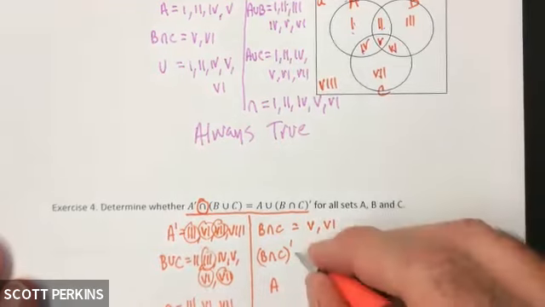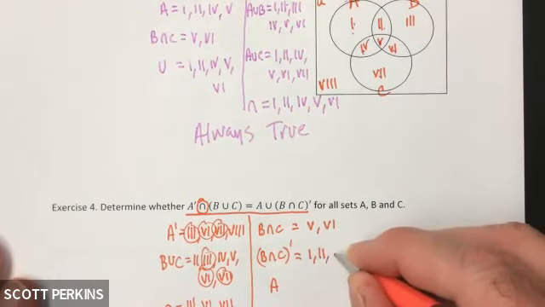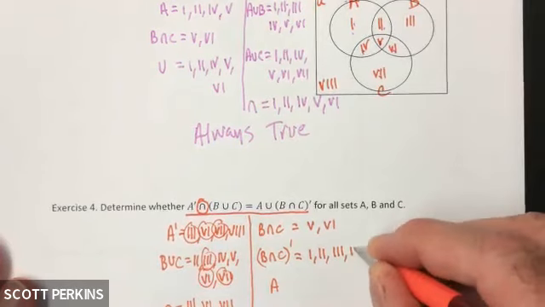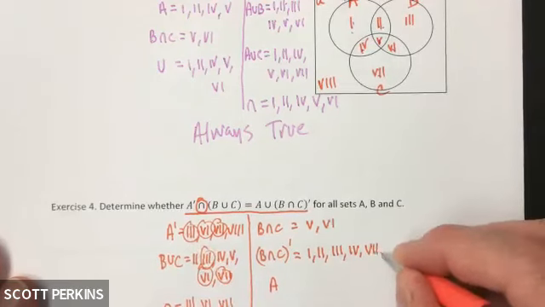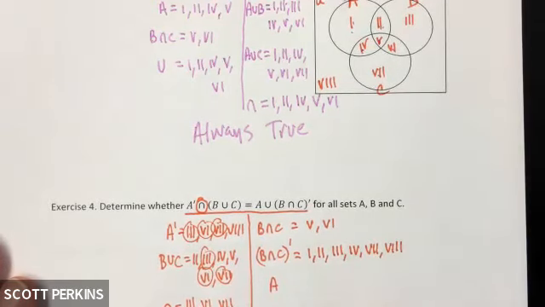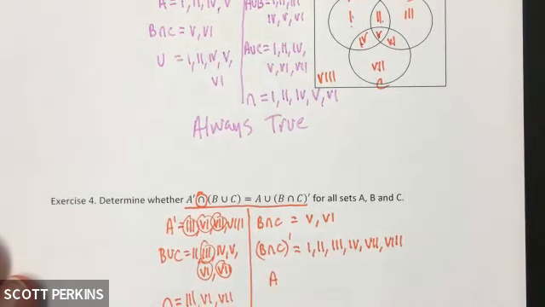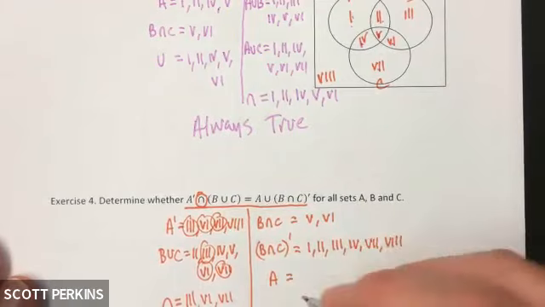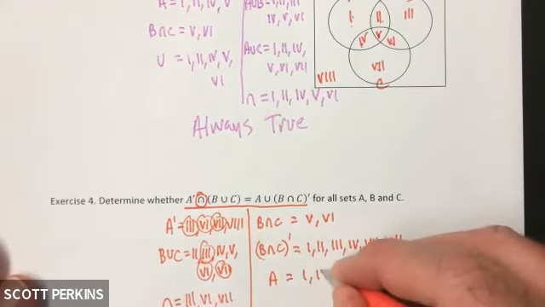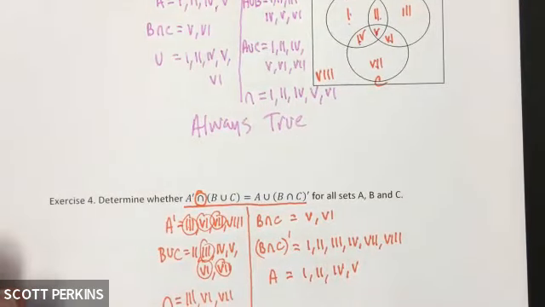So then everything else is 1, 2, 3, 4, not 5, not 6, 7, and 8. From the previous problem, we saw that set A, and you can still see it in the picture, was 1 and 2 and 4 and 5. So that is set A.